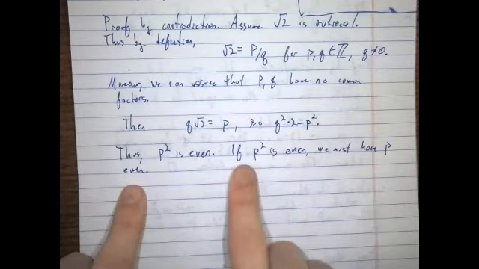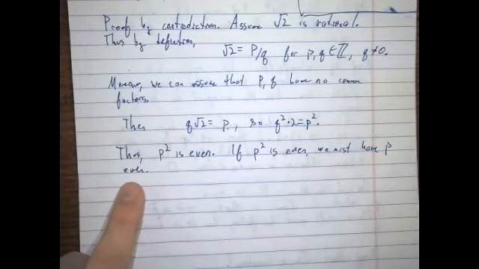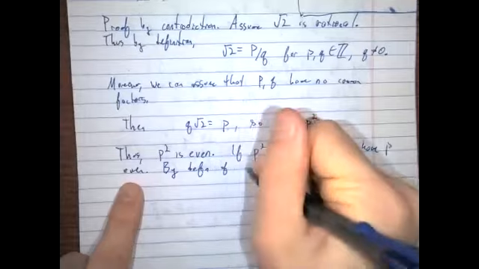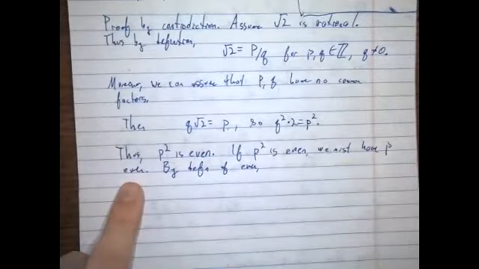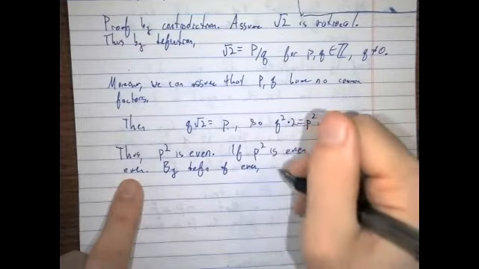Okay, so if P is even, then what can we do? You can divide it by 2. Or in other words, I can write it as a multiple of 2, right?